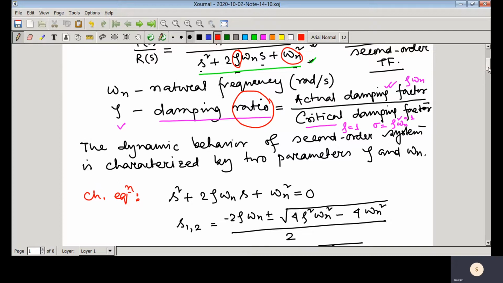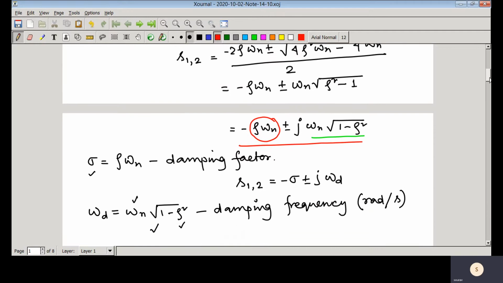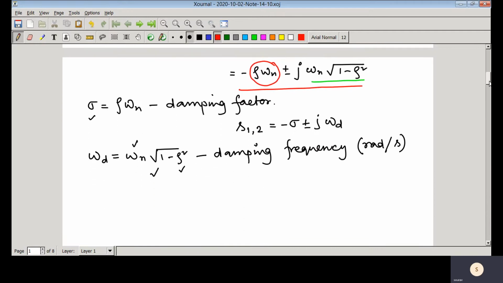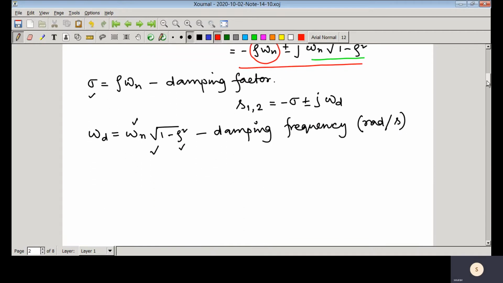So now let us see what happens if we apply a step input to the second order system. And here we have considered the transfer function of the second order system in normalized form.